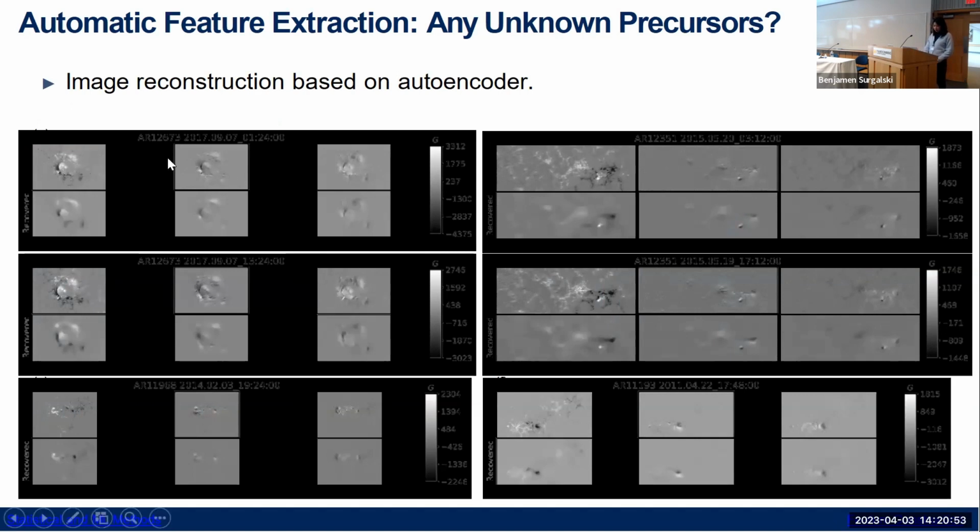On the top of each of those panels, these are the observed three-dimensional magnetic field information of an active region. And then on the bottom of each panel are the reconstructed images based on the lower dimensional feature space that we extracted by training this neural network. So you can see that the reconstruction is actually pretty good, letting us think that the dimension reduction is pretty effective in terms of extracting the important features.